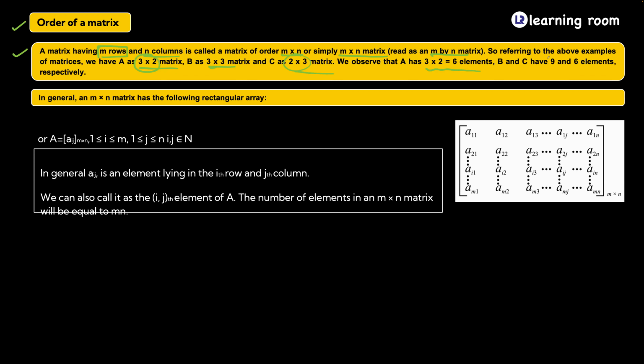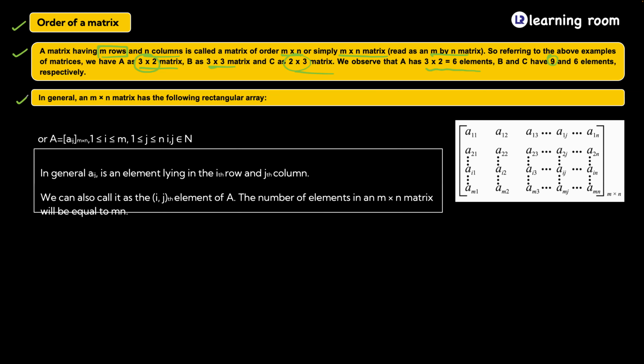So this is the basic English way of understanding the number of rows and columns. Okay, accepted. Now, is there a general form in which you can represent it, so that the person reading your paper is able to build a matrix on their own? In general, if you talk about an m cross n matrix, it has the following rectangular array.